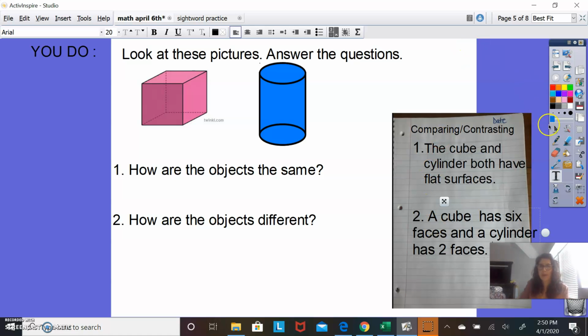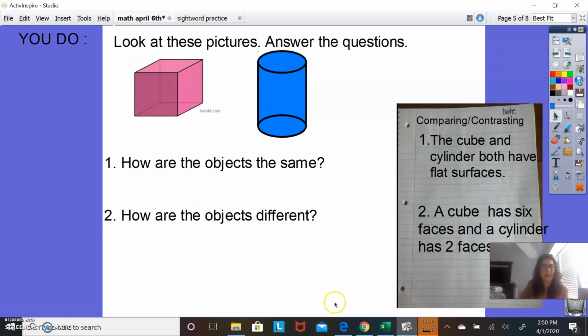So those are some things that I found as I compared the cube and the cylinder. They're the same in that they both have some flat surfaces. So you would be able to stack these. And then they're different in that a cube has 6 faces and a cylinder has 2 faces.